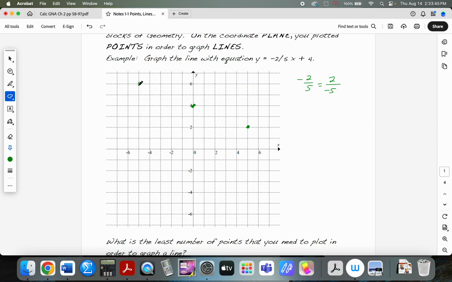And it'll be on the same line. Okay? So from there, you just draw a line. By the way, I don't require that you get out a ruler every time you want to draw a line. A sketch is fine for what we're doing.